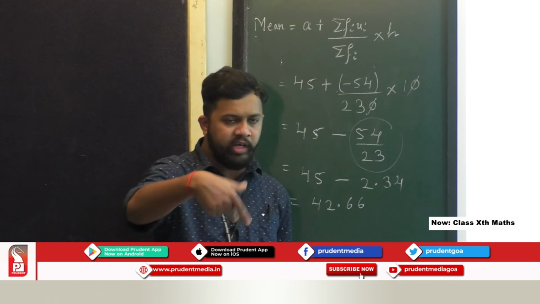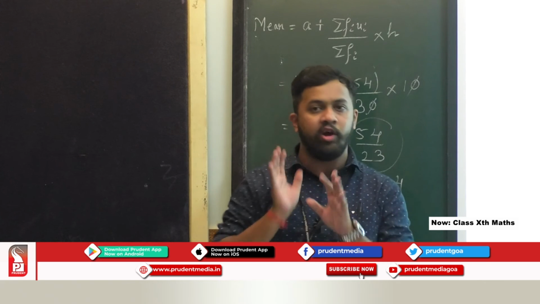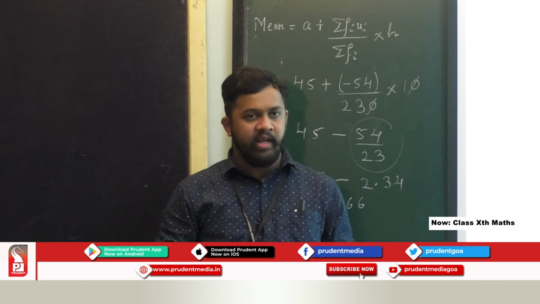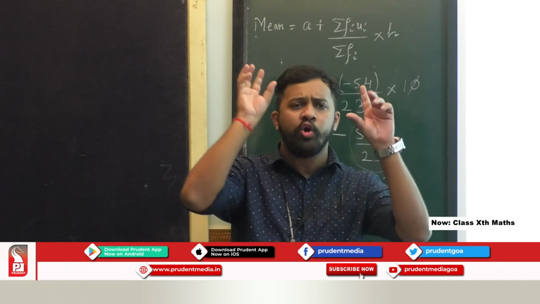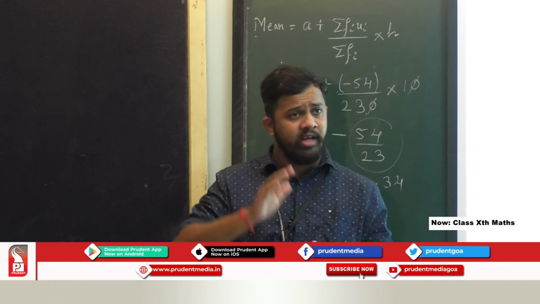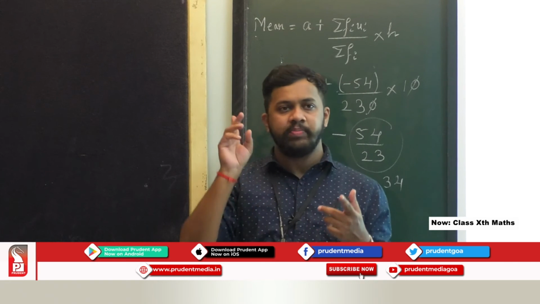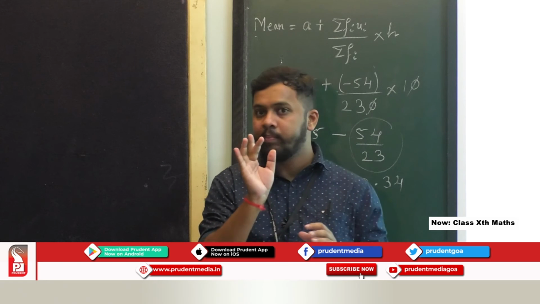Before going to the next method, let me briefly tell you about the entire thing of mean. We started with the concept of measures of central tendency, and I told you there are 3 basic, or common, measures of central tendency, because there are many other measures also. One was mean, one is median, one is mode. Out of that, today we are actually completing the mean part.